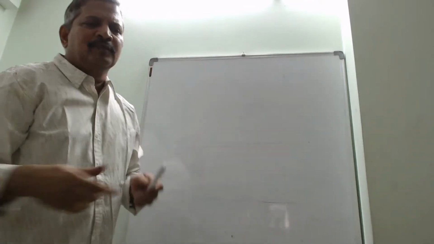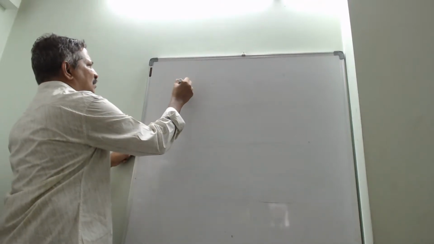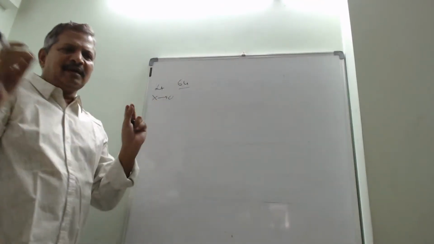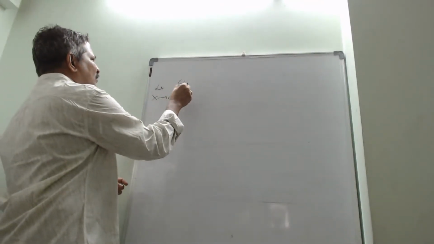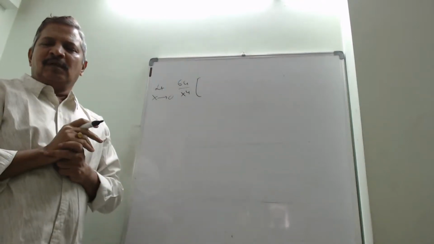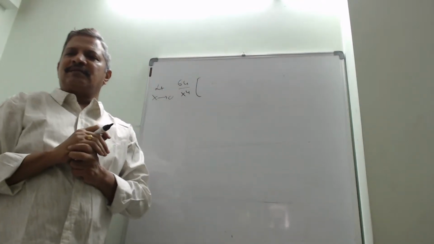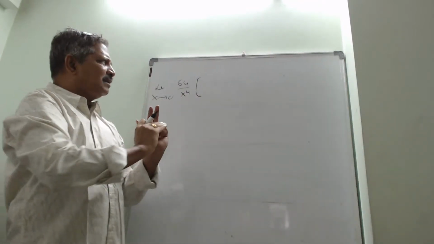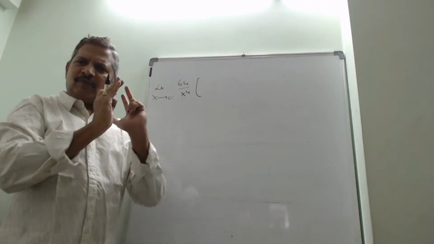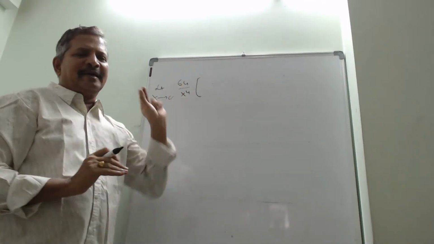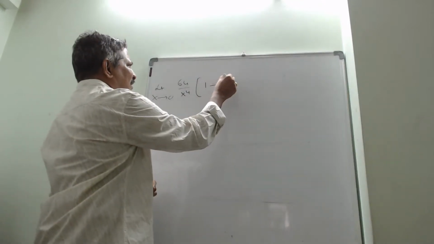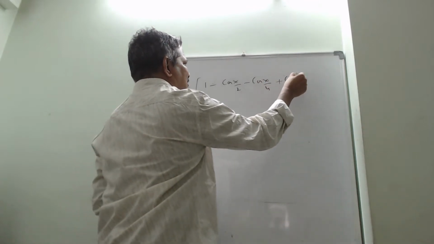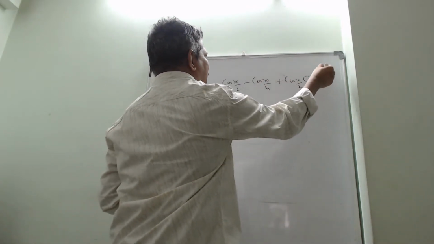Another problem I am writing. Limit x tends to 0 of 64 by x power 4 into (1 minus cos x by 2 minus cos x by 4 plus cos x by 2 into cos x by 4). I already told you, because we are doing the mains level, the fundamentals are the EAMCET formulas only, but now at mains level we are solving typical problems only.